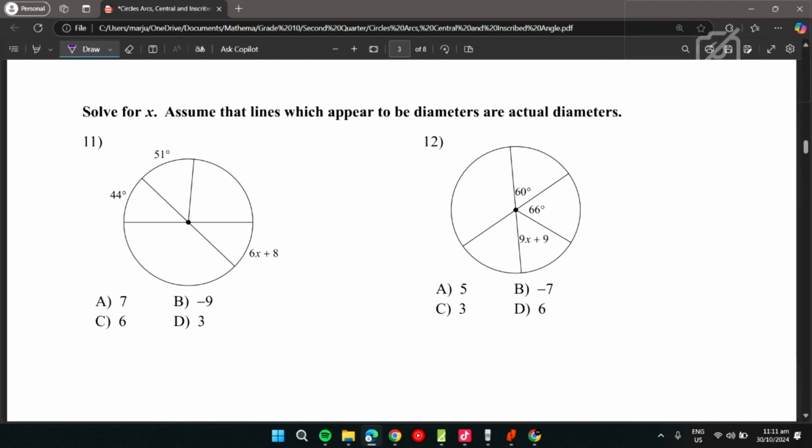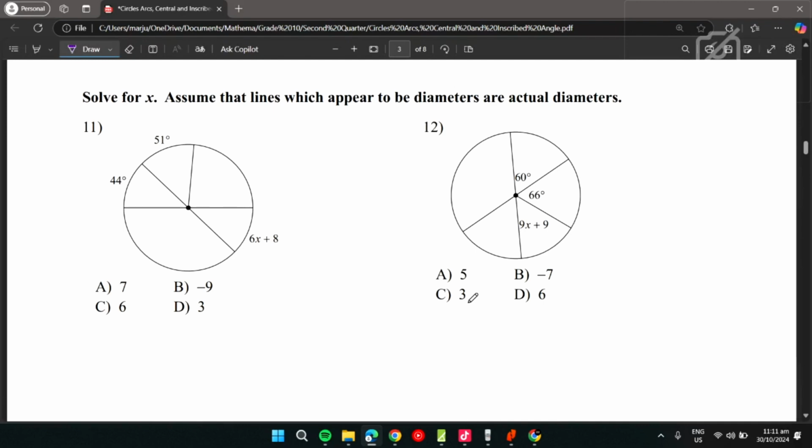11, we need to solve for x this time. So how do we solve for x? Number 11, this one. We need to solve for the value of this x.